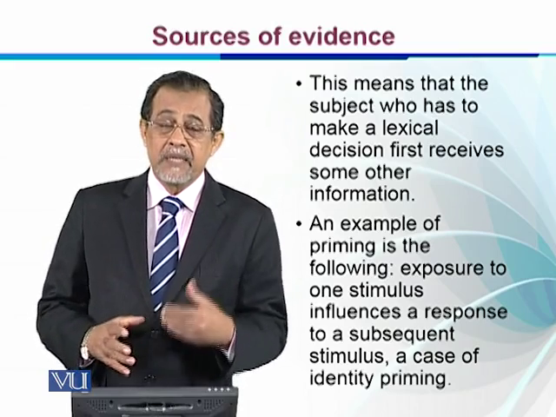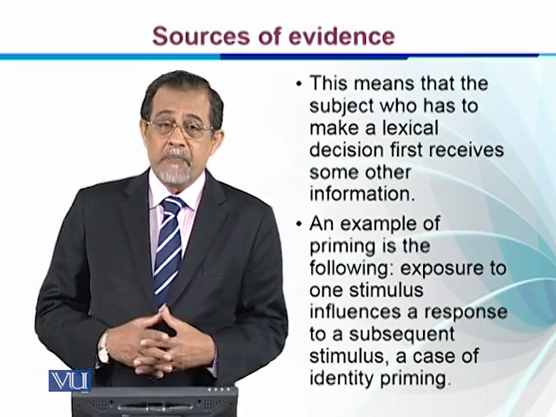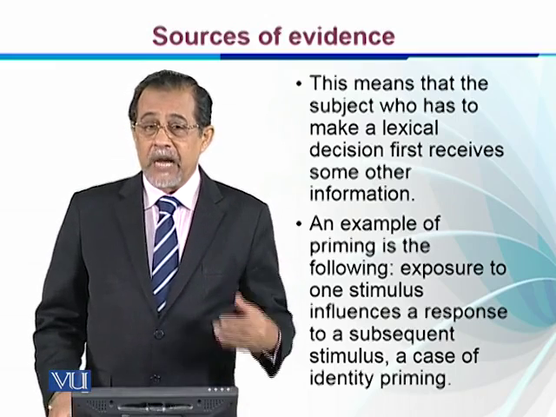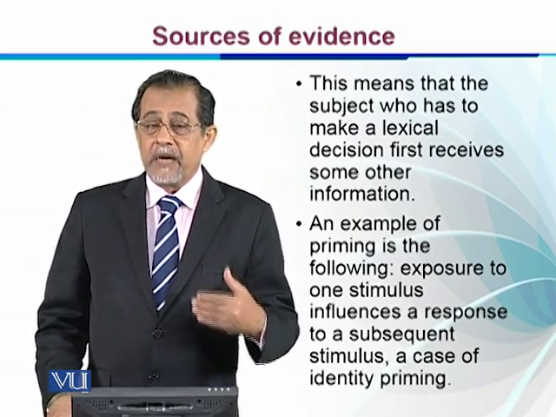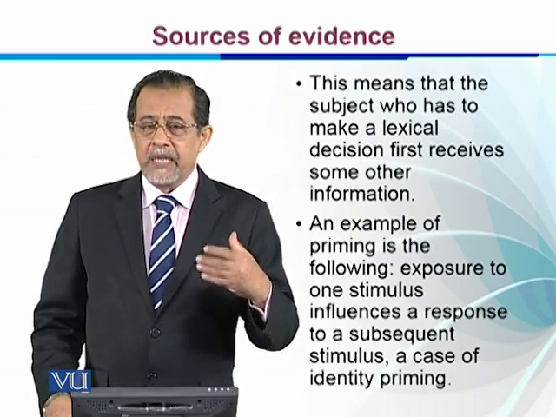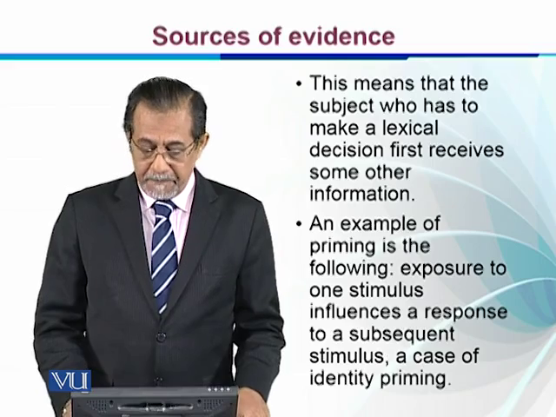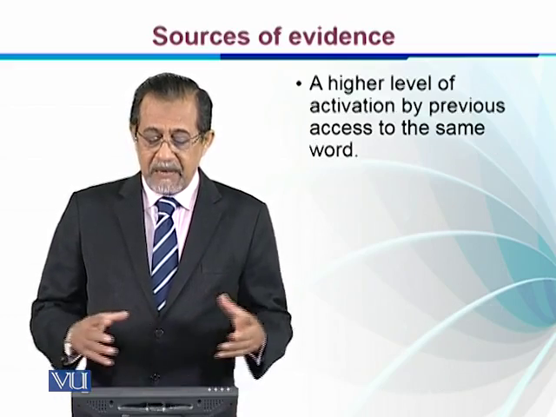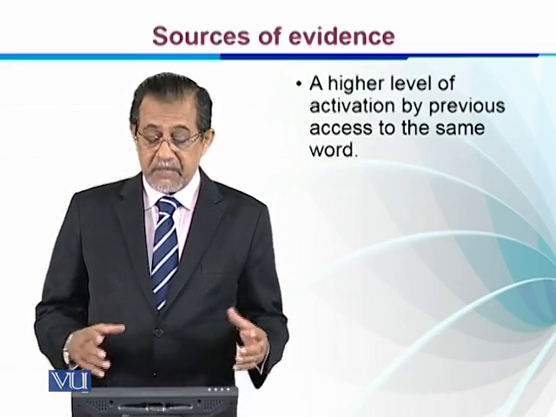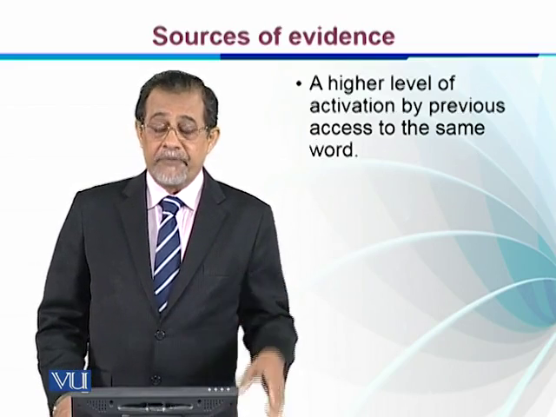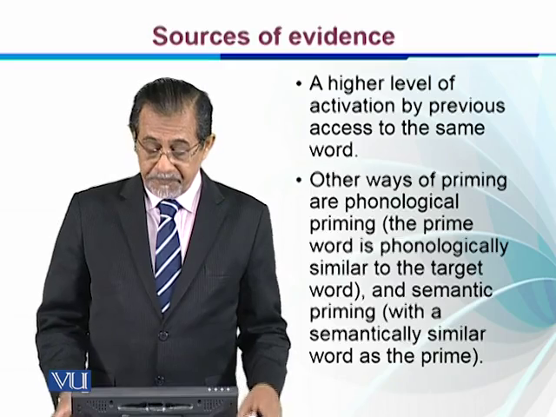Here the activation level for the next word is quicker, a higher level of activation by previous access to the same word, so we instantly think of that next word.